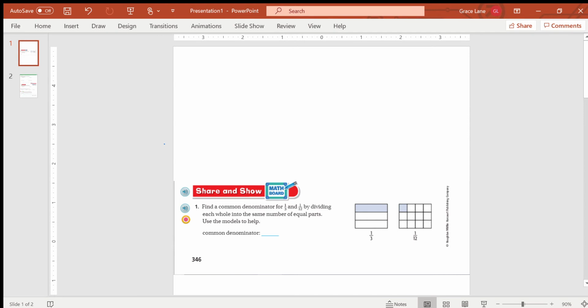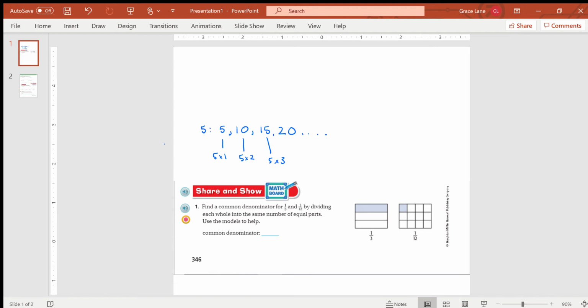Multiples of 5, for example, would mean 5, 10, 15, 20, and it could keep going on and on. It's like you're counting by fives, or you might notice that means 5 times 1, 5 times 2, 5 times 3, and so on. And so we're looking for multiples that two denominators have in common.